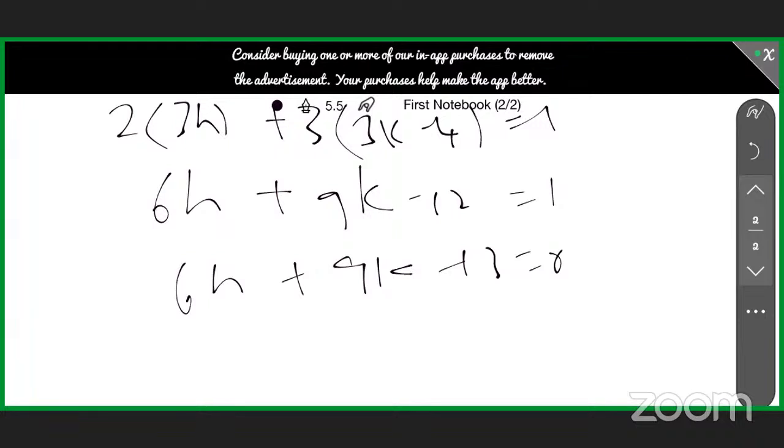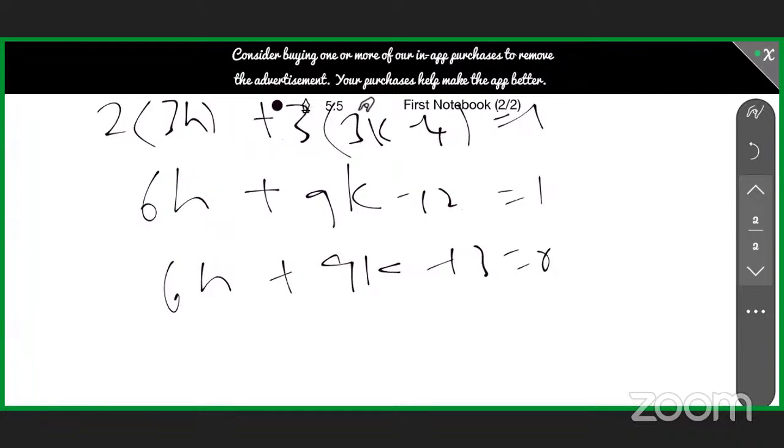So 6h + 9k - 13 = 0 is the transformed equation of my centroid. When the centroid point is applied to the line, this is what the line given to me becomes. Therefore, look at it carefully now.